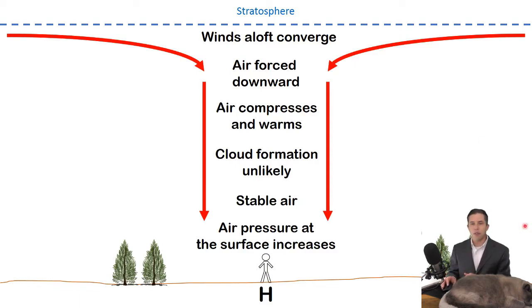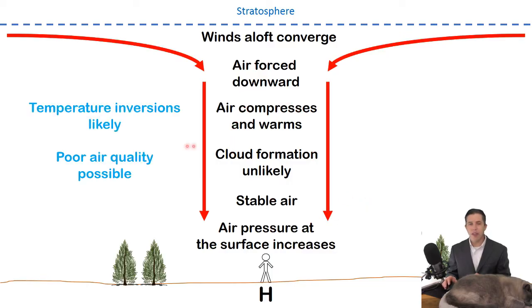So this is a slide from a previous lecture, and we said you have winds aloft that converge, and then they go down, and all these things happen, right? Well, the other thing that we could add to this list from last time is that we can make temperature inversions. If you make temperature inversions, you can trap pollution down here.